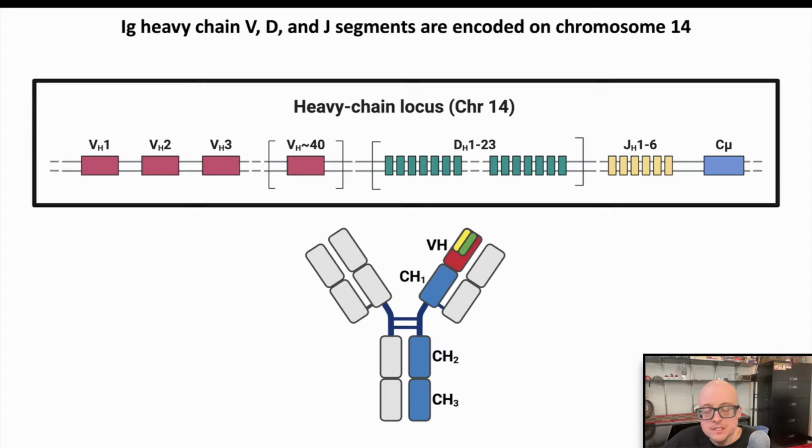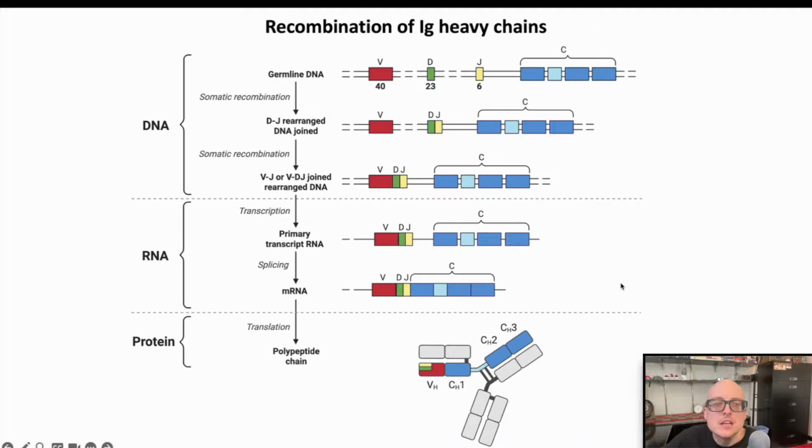So let's look a little bit at how the process of recombination looks slightly different now that we have 3 different types of segments to put together as opposed to only 2. So if we zoom into the heavy chain locus, we're in the germline DNA. Remember that we have roughly these numbers of V, D, and J segments, but the cell is going to again randomly choose one D and one J. And one point to make here is that D and J always recombine first.